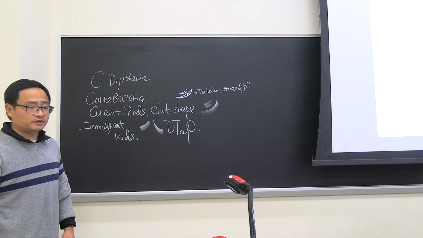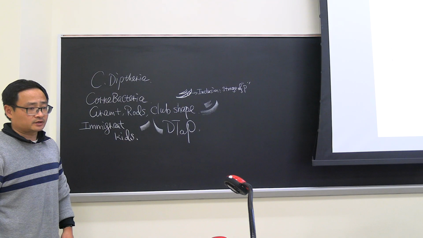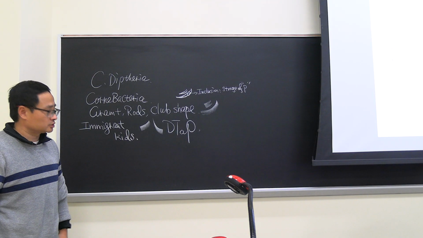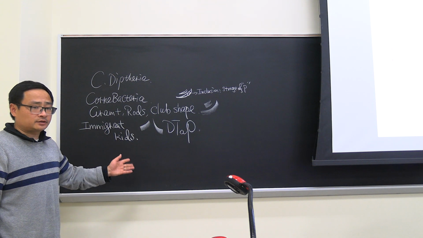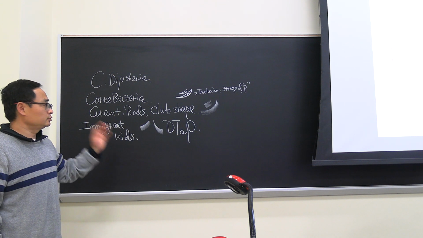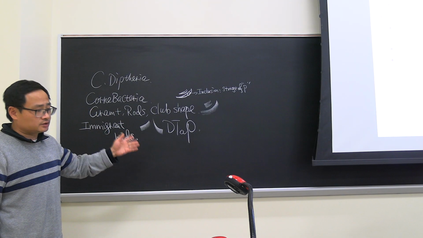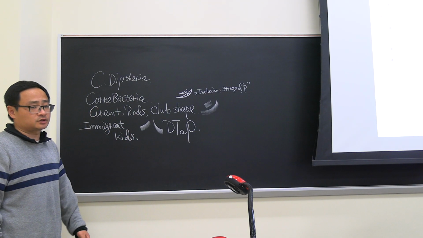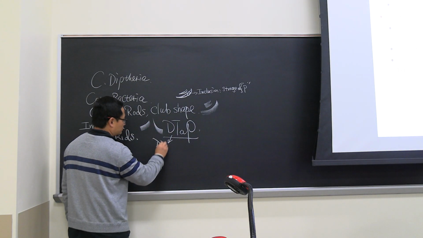DTaP is a very effective vaccination to prevent this bacteria and this pathogen. But if the kids came to the United States with parents and do not have these shots, they will easily get infected with this pathogen. The D in the vaccine is diphtheria.